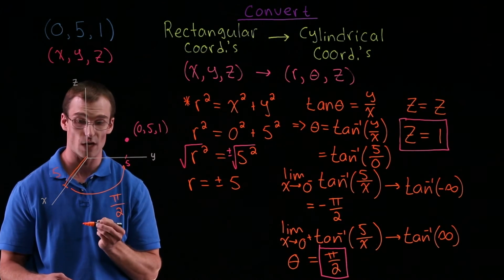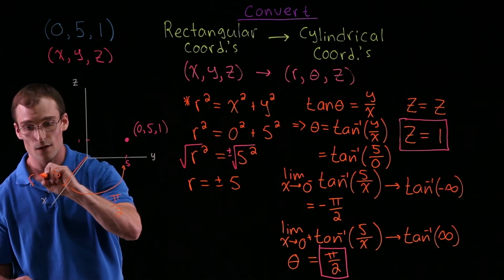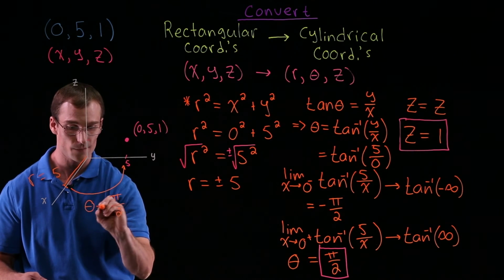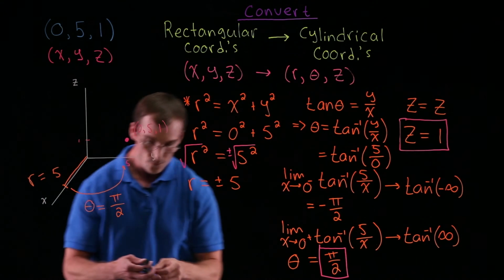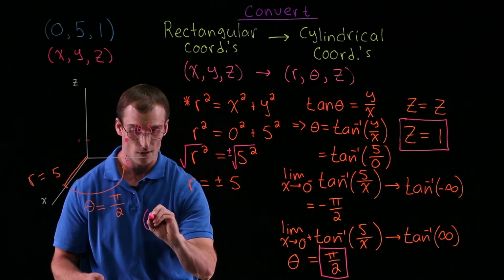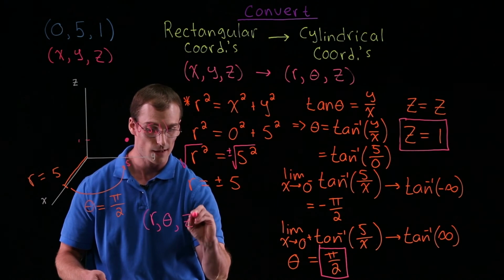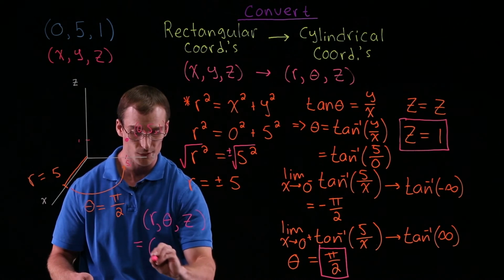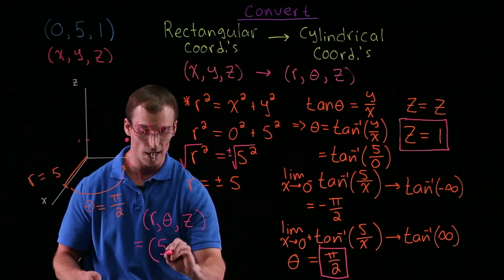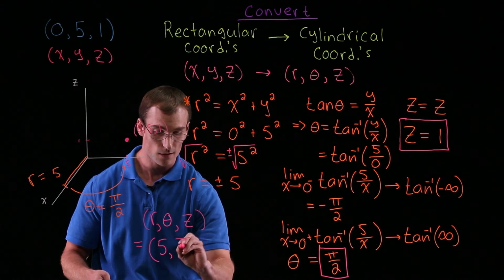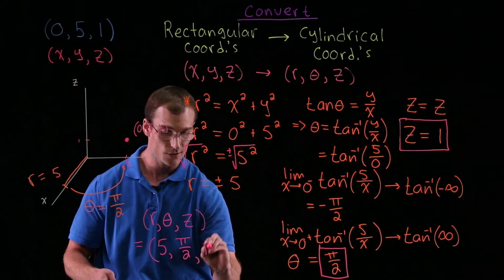That's going to get us to our proper point. So r would be positive 5, and theta is pi over 2. So in the end, our point in cylindrical coordinates, r, theta, and z, is r is 5, theta is pi over 2, and z is 1.